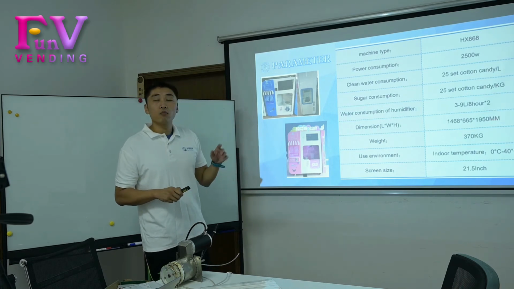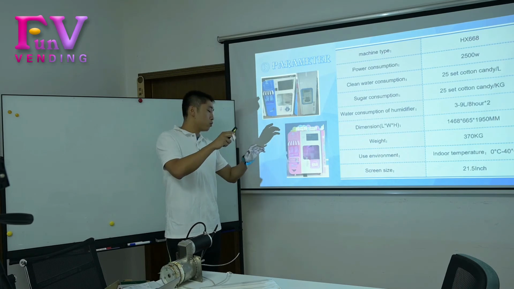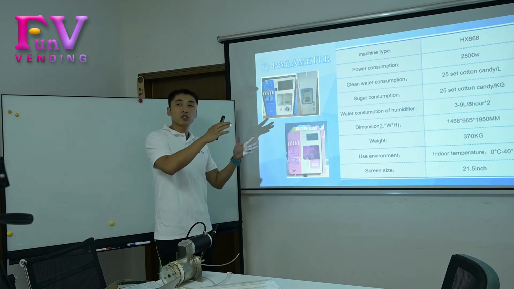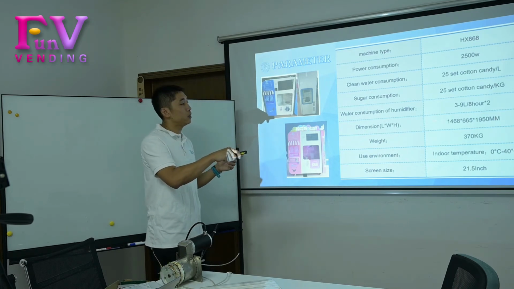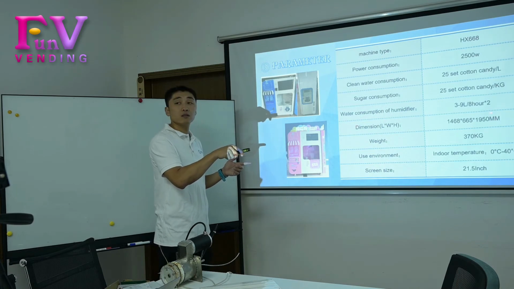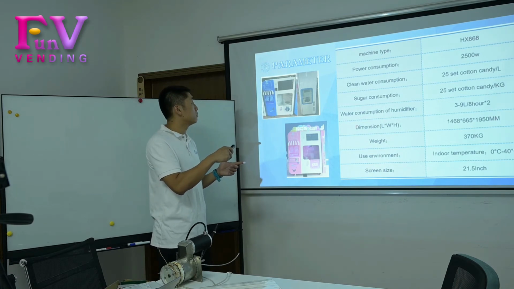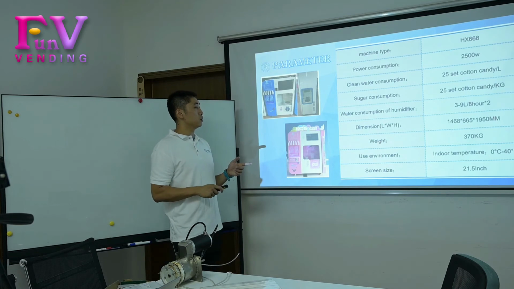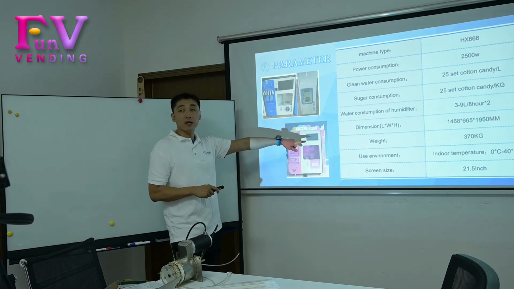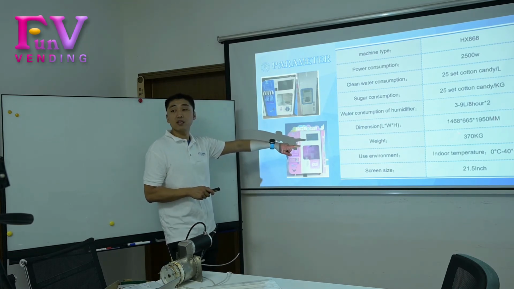So when you want to buy this machine, you can see this is the left side of the machine. The weight is 370 kg.